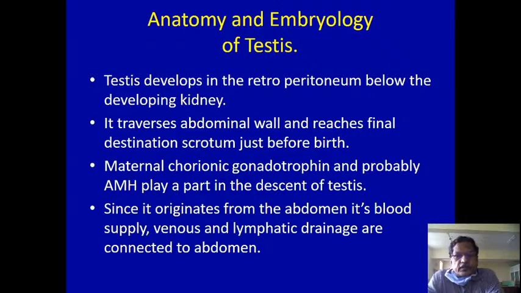So the testis, which initially is present inside the abdomen retroperitoneally, just below the developing kidney, traverses all the way downwards and reaches its final destination at the bottom of the scrotum, just before the birth.